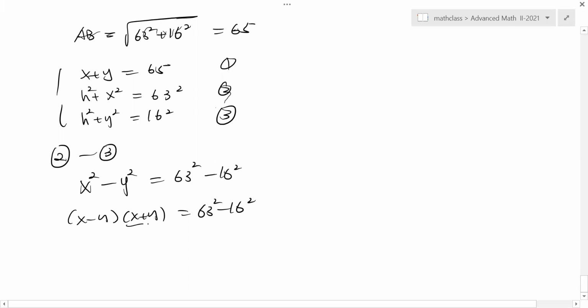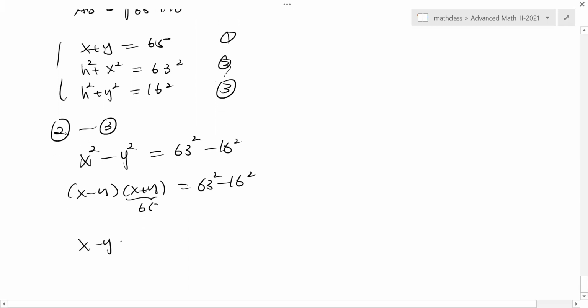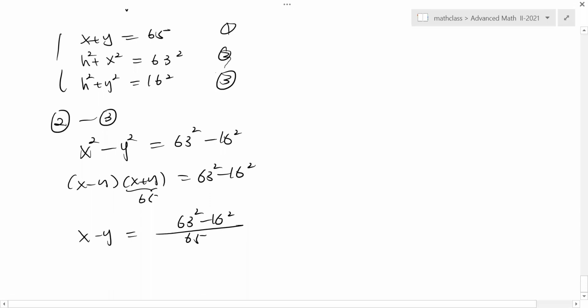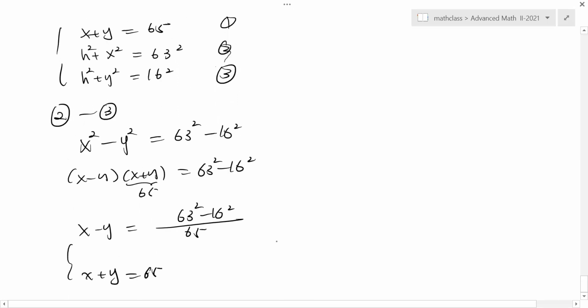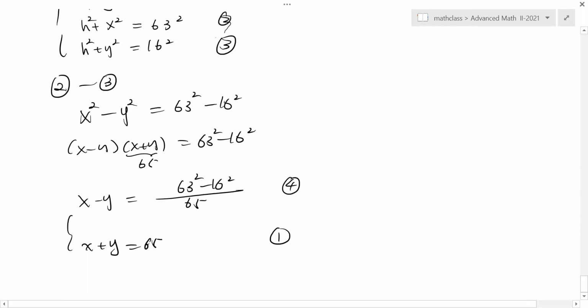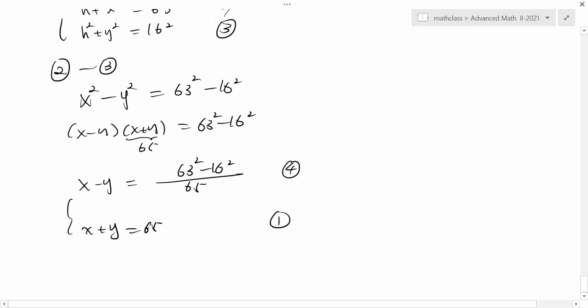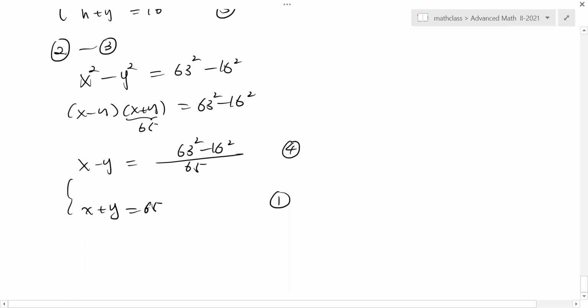So I know X plus Y equals 65. So that means X minus Y equals (63 squared minus 16 squared) over 65. That's my equation 4. So now from here you can get X and Y. Once you get X and Y, you can go back to find H. H is what we find out eventually.